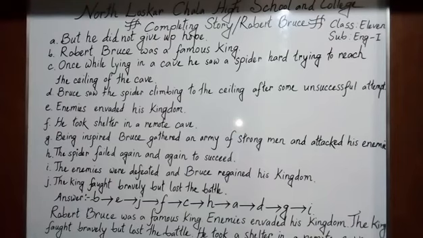Like this, you have to write down all these sentences according to the story of Robert Bruce or any story. Then this is complete, and I have a very interesting strategy that I can say for these answers according to a poem.